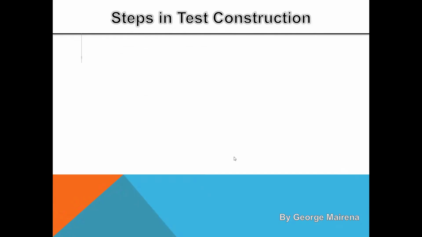Okay, folks, here we have the steps that we're going to take into consideration when constructing a test. This is just theoretical, class, and then in the next session at the university, we're going to put it into practice, because we're going to construct a test specification.